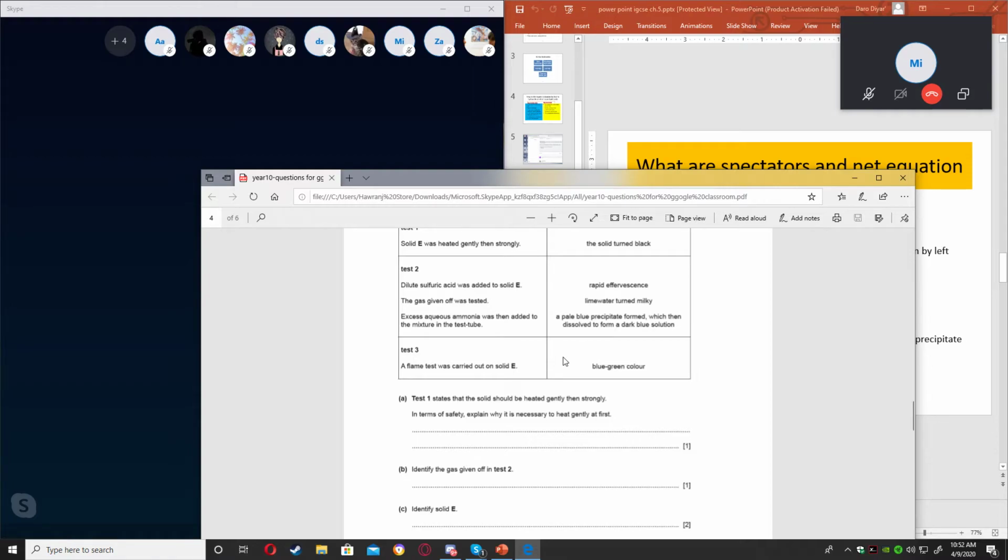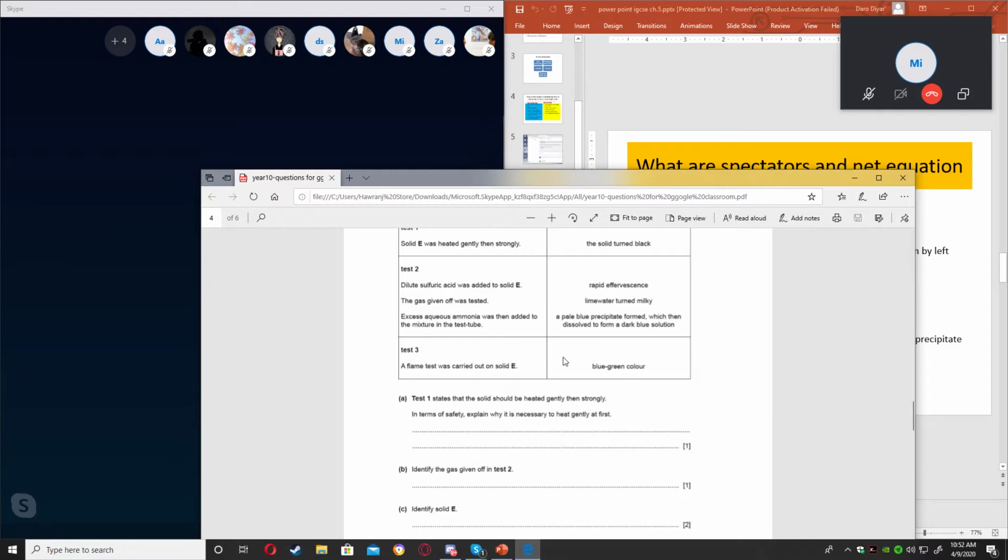So there is also carbon dioxide. Now we have Cu and we have carbon dioxide. What do you guess that salt is? Whenever we have carbon dioxide, it means we have carbonate. So we will have copper carbonate.